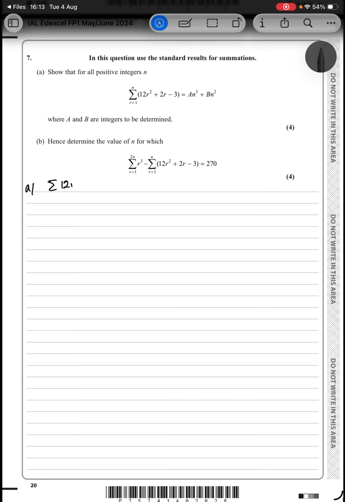12r squared plus 2r minus 3 from r equals 1 to n. I'll put a bracket over here. Okay, so the first thing we need to do is split the terms, as in write summation of 12r squared plus the summation of 2r minus the summation of 3.